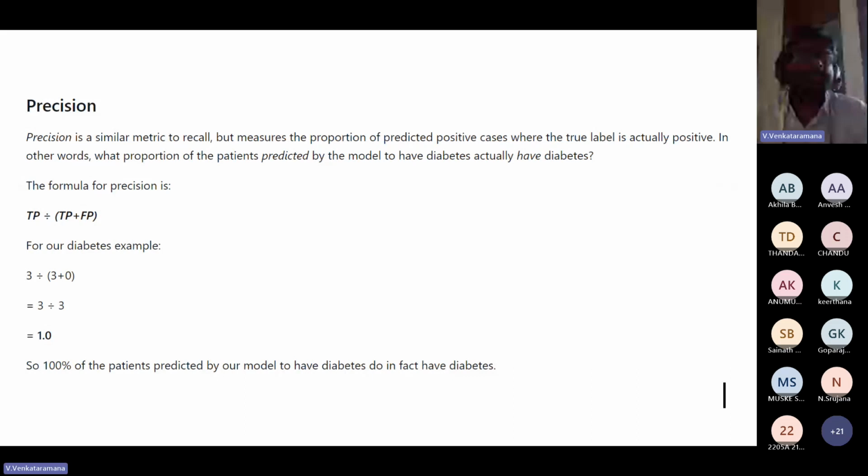What it represents is: if a machine learning model says someone is diabetic positive, among them, how many people are actually positive? That's what it is representing. A very slight difference between these two.